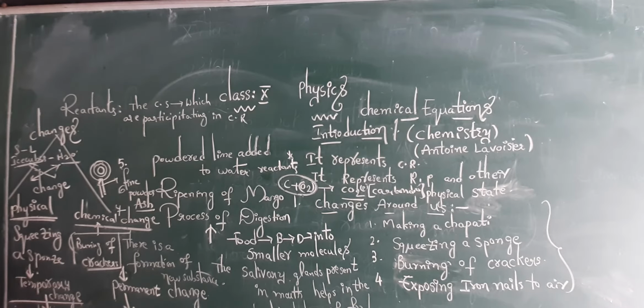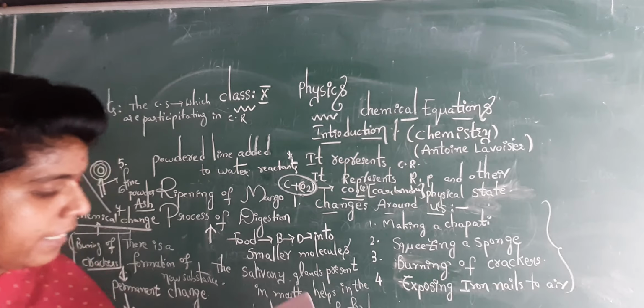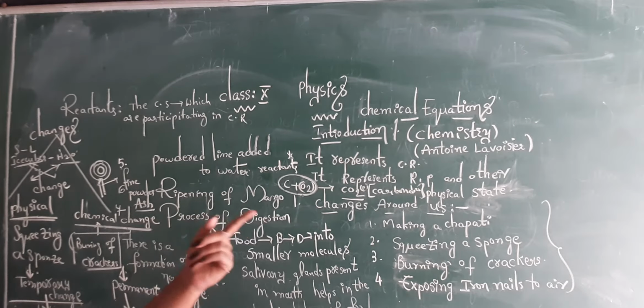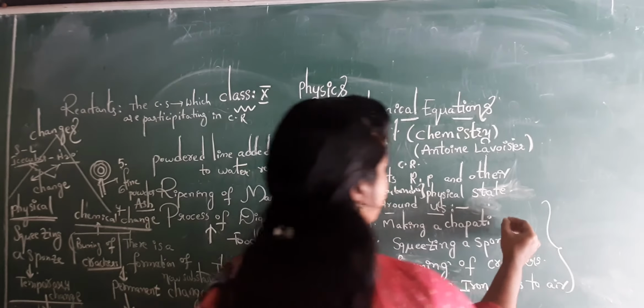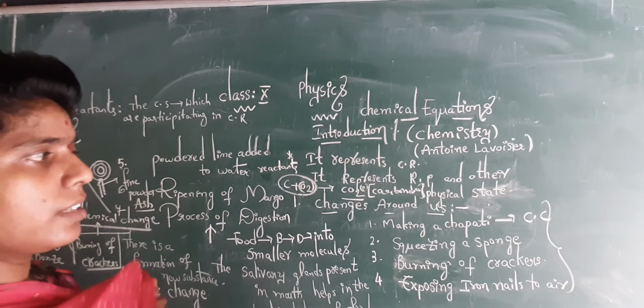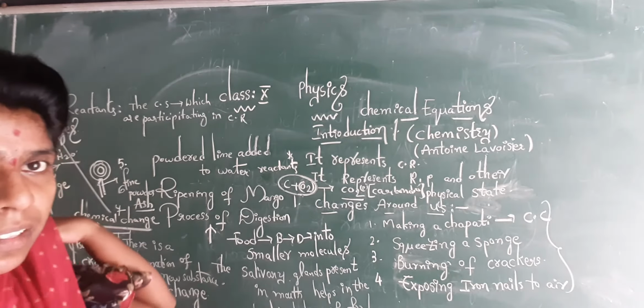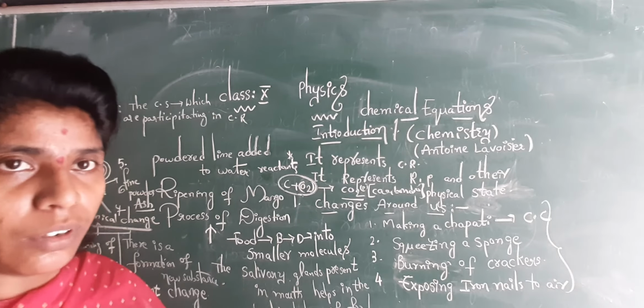Next, even more examples are listed on page number 20. One more example is making a chapati. This is also a good example of chemical change, that means permanent change. Once you have prepared the chapati, it cannot convert back into flour.